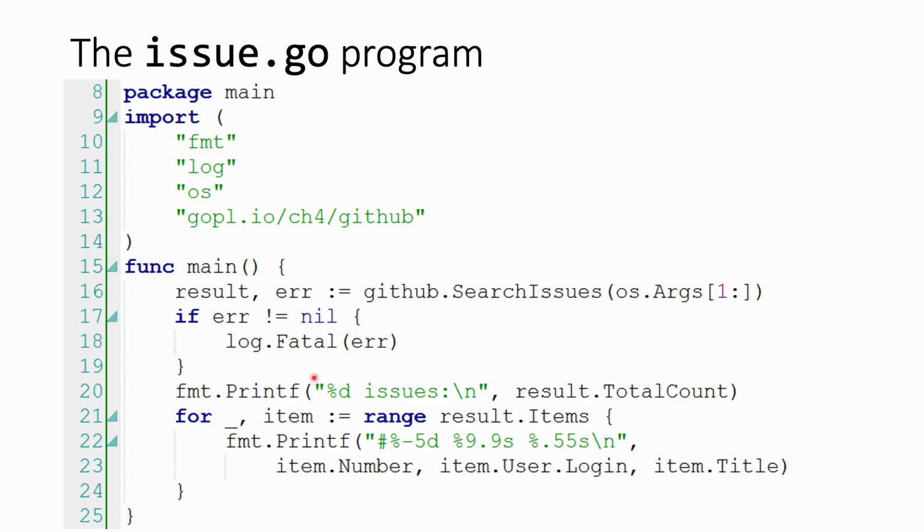This program then prints a table of GitHub issues matching the search terms if there's no error from the SearchIssues function. If there's a non-null error from the SearchIssues function, then the program calls function log.Fatal to print out the error message and terminate the program.